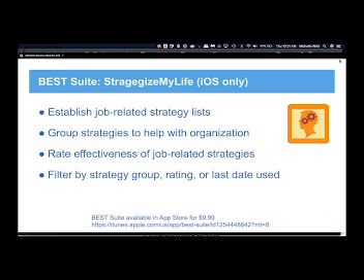Within Strategize My Life, there are already pre-existing categories, but you can also add or change them based on what works for you. Just a quick example, if it's a strategy for what I need to do for school, I can have a category for school and then list, remember to read my iPad, remember to do this, remember to do homework. So that's the way that it can be really helpful for me.